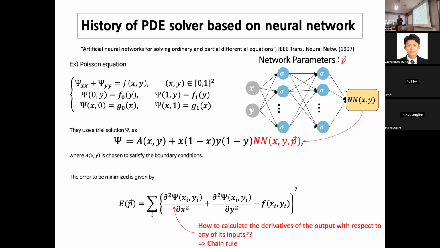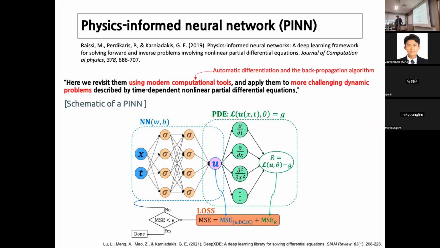So the PDE solver based on neural network has appeared in 1997. And then recently, the famous model came, called physics informed neural network, called PINN, in 2019. They also use this neural network parameterization, but they said in their paper that they just solve them using modern computational tools such as automatic differentiation or the backpropagation algorithm.